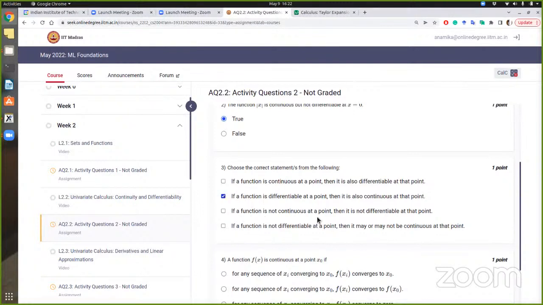If a function is not continuous at a point, then it is not differentiable. Is that true? Yes, true. Something that is not continuous will never be differentiable, right? If a function is not differentiable, then it may or may not be continuous. What do you say about this? Yes, true.